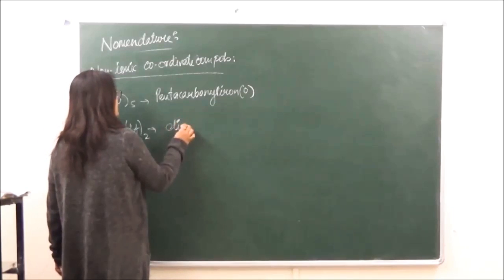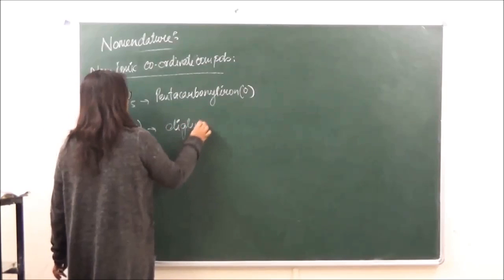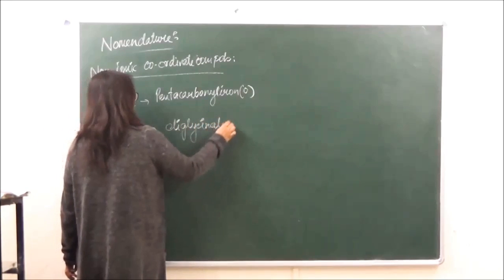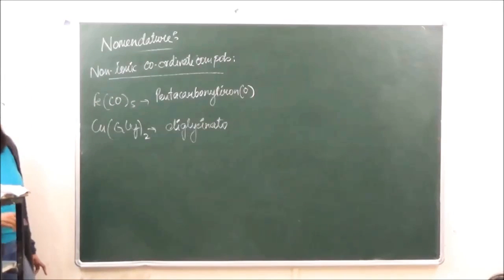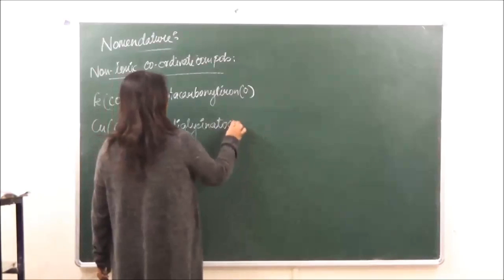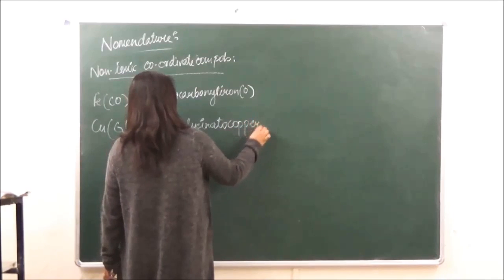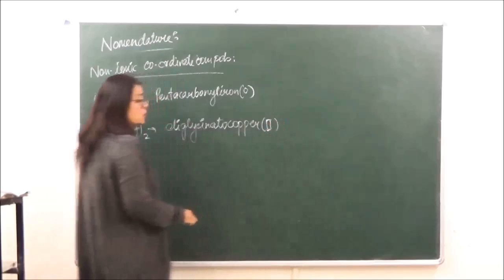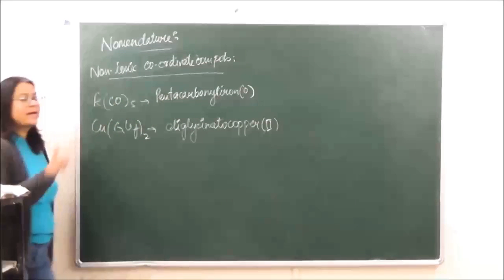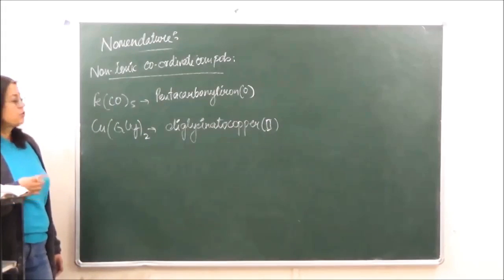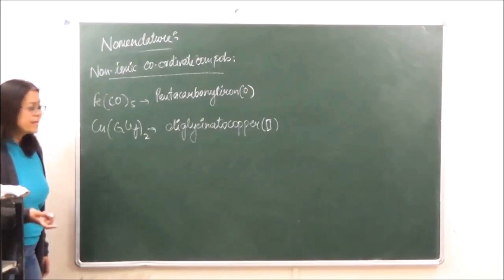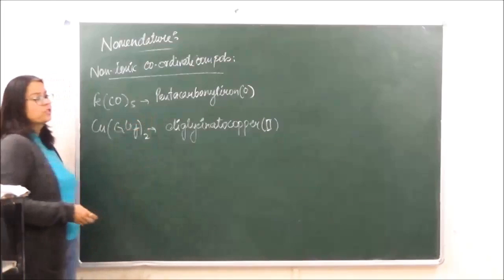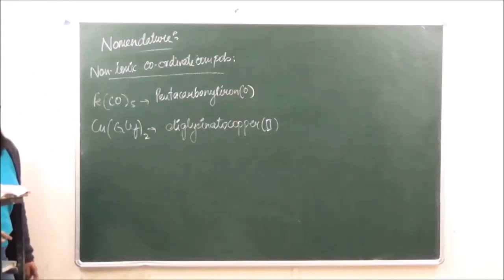We will write it as bis(glycinato)copper(II). Glycinate has 1 negative charge, so there are 2 glycinate ions. 2 into 1 negative is going to be 2 negative, so copper is going to have an oxidation state of 2, right?